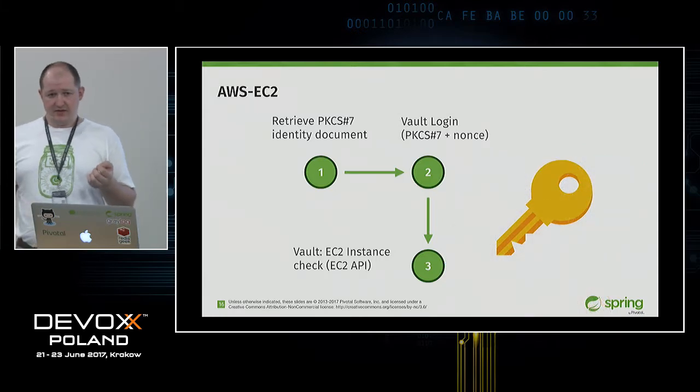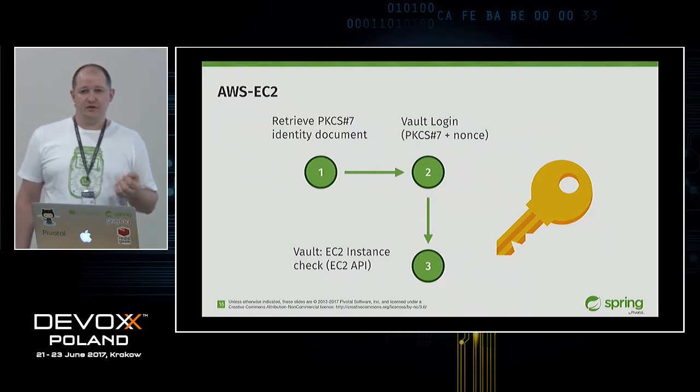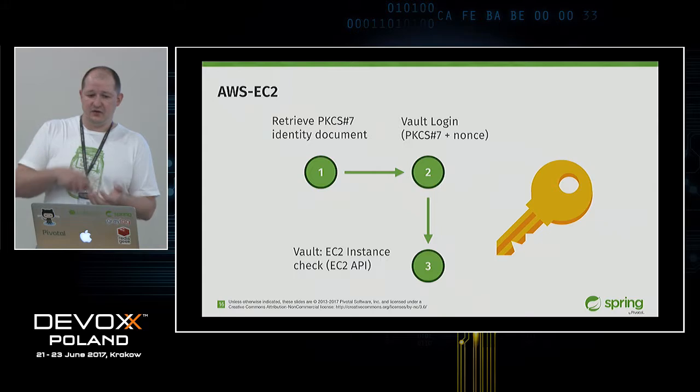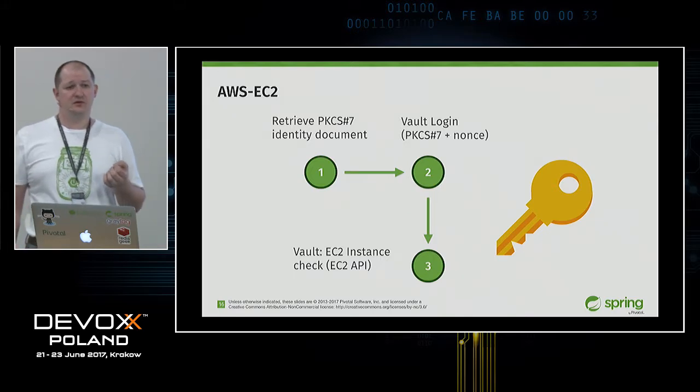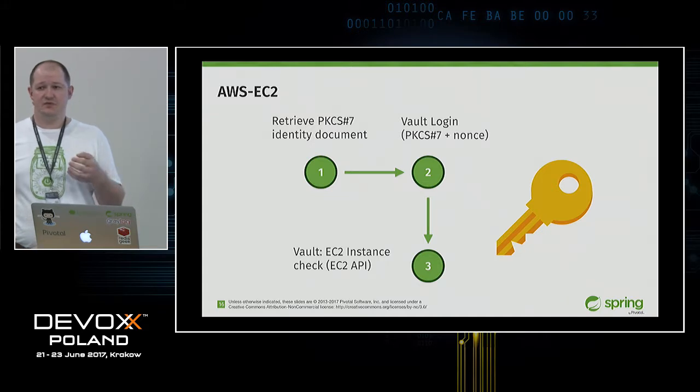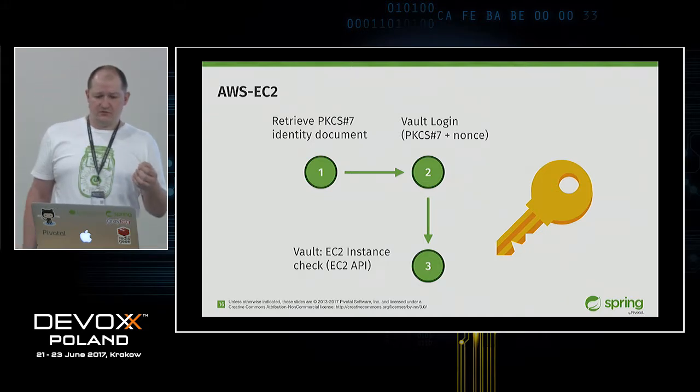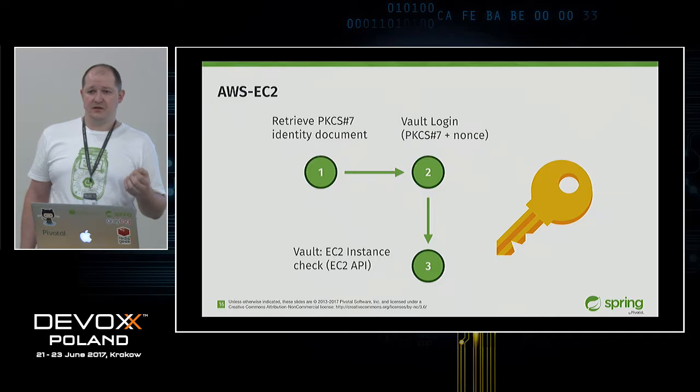So there's one caveat to that authentication mechanism, because everybody who has access to that EC2 machine via SSH, via some means getting into your application, is able to retrieve that identity document as well and post that to Vault. And Vault secures that by providing a nonce.